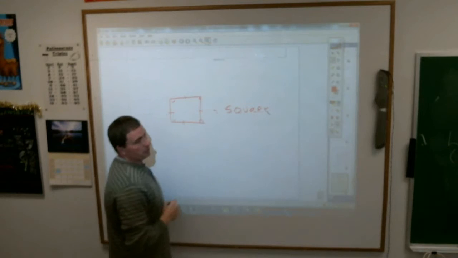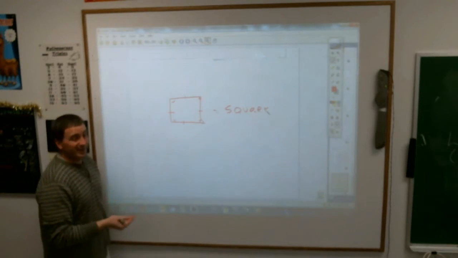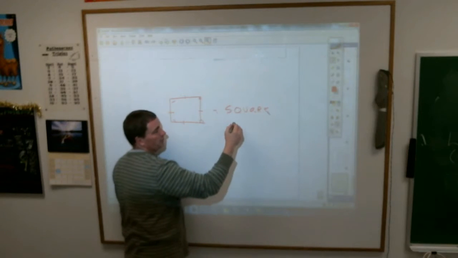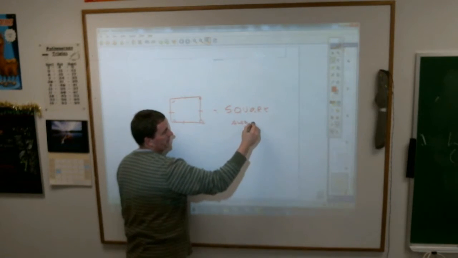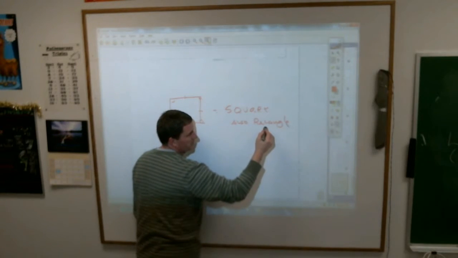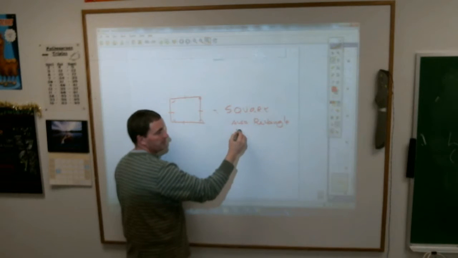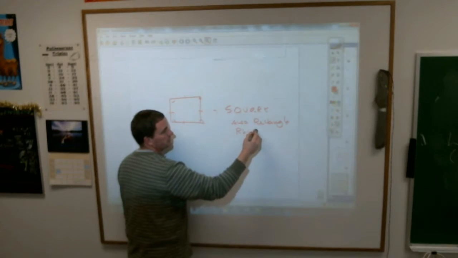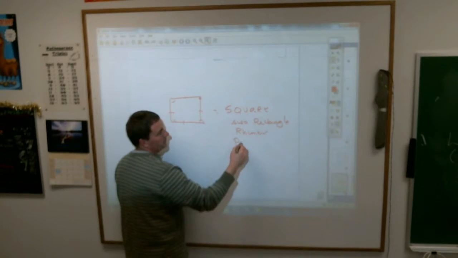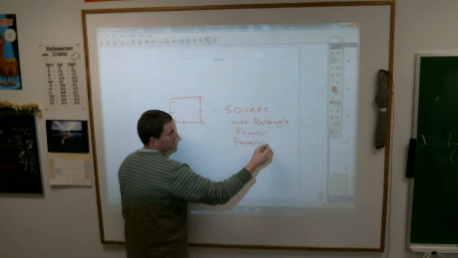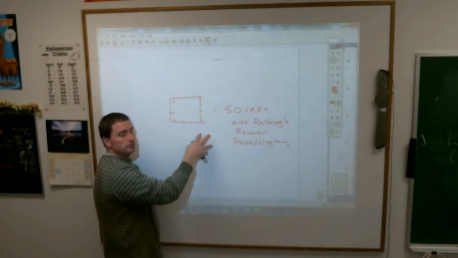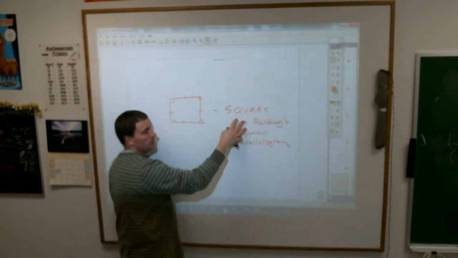But because the definition of a rectangle just needs four right angles, this is also a rectangle. It is also a rhombus because the definition of a rhombus is just four equal sides. It is also a parallelogram. Okay, all four of these are true. A square actually is each of those things.